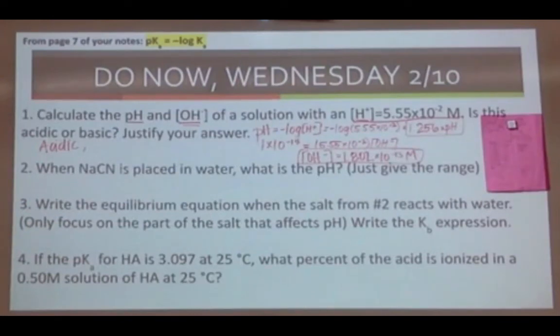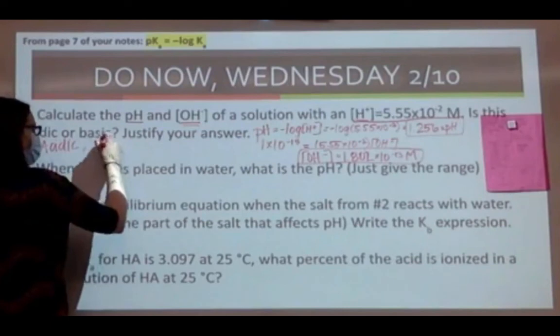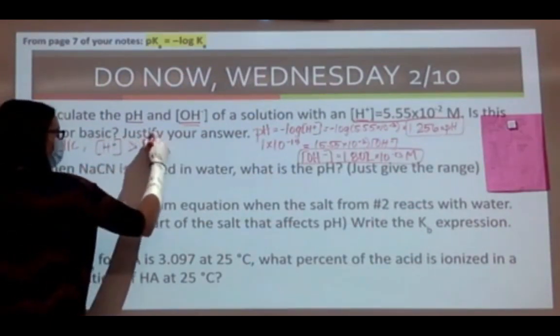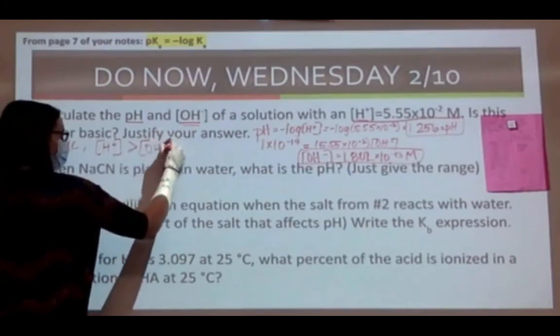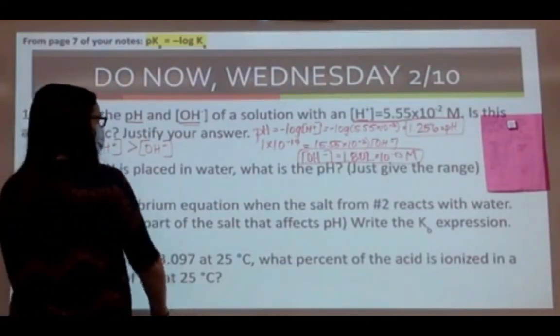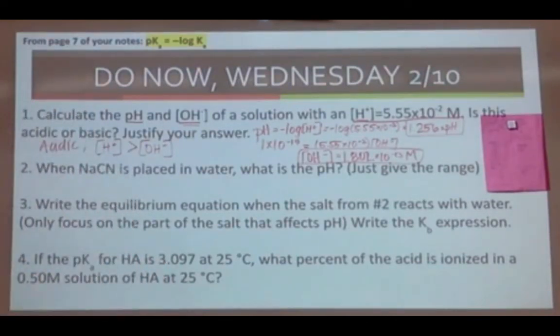OH minus identifies a base. So for my justification, I'm actually going to say H plus concentration is greater than OH minus concentration. You also could say pH is less than 7, or there's a low pH that tells us that it's acidic. I'm going to relate it back to H plus and OH minus. So again, that goes back to the second video, so back to last week's material.